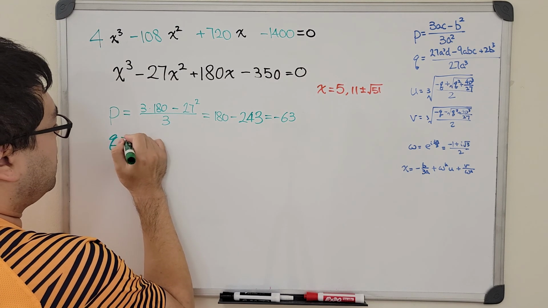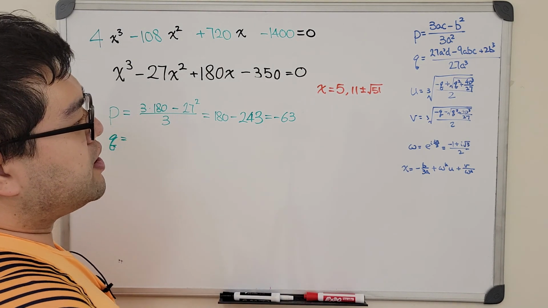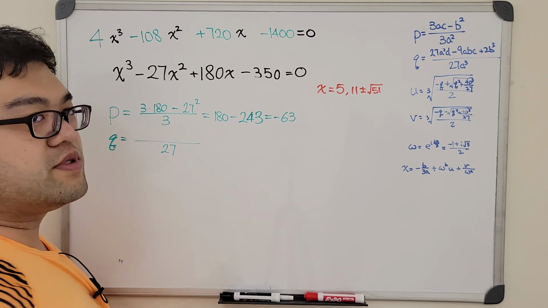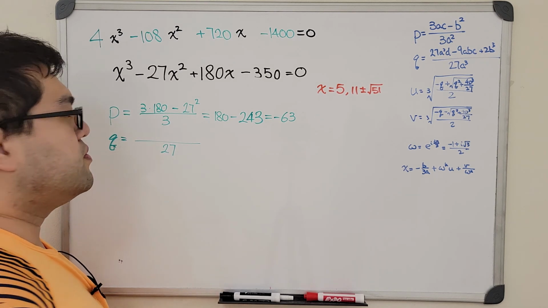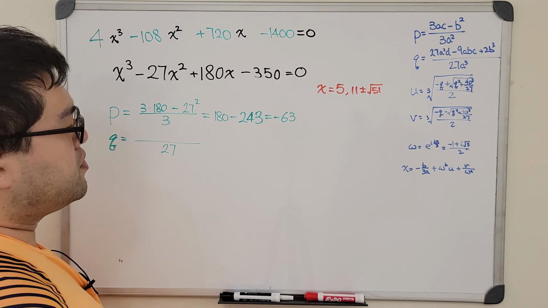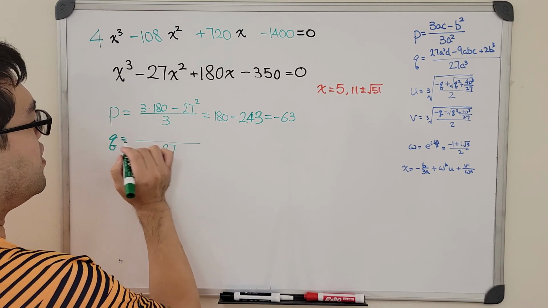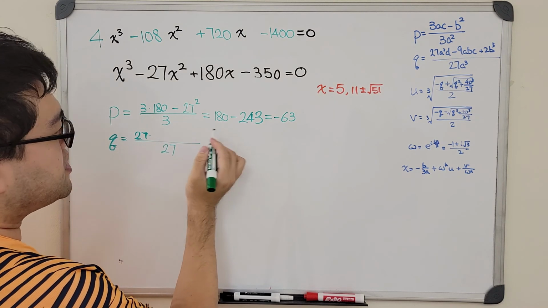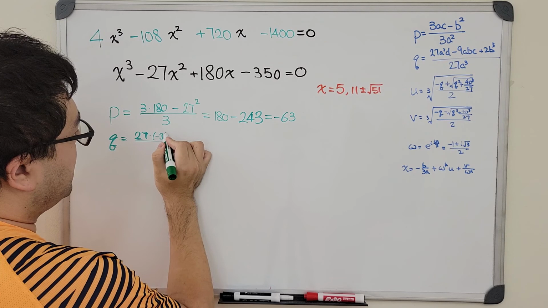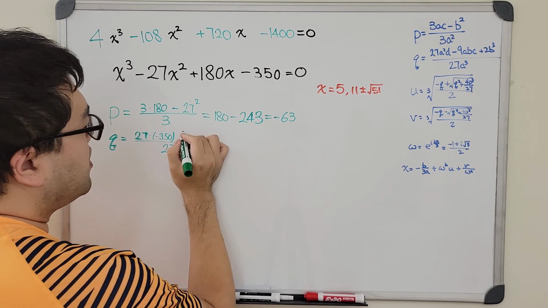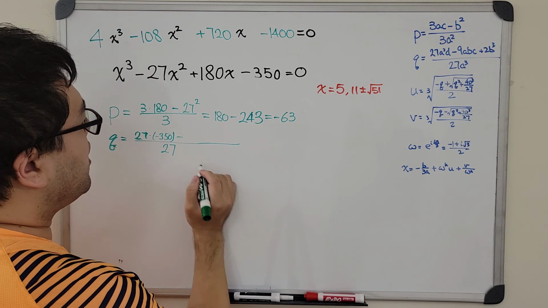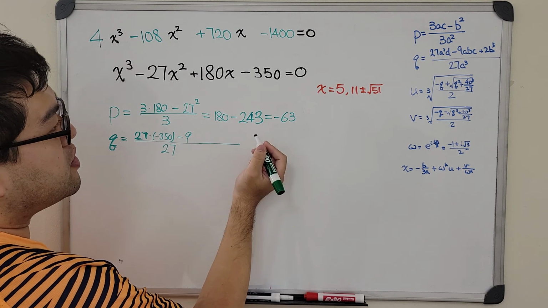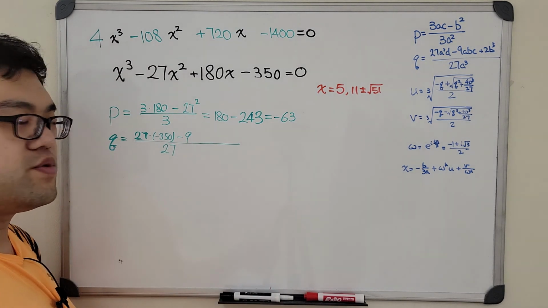Next, we'll figure out what the q value is. Then again, we just substitute in. On the denominator, we have 27 times a to the third power, where a is again 1. So we have 1 cubed, which is 1, times 27 is 27. On top, we have 27 times 1 squared, which is 1, times d. In this case, d is negative 350. Minus, we have 9 times a, which is 1, times b, which is negative 27.